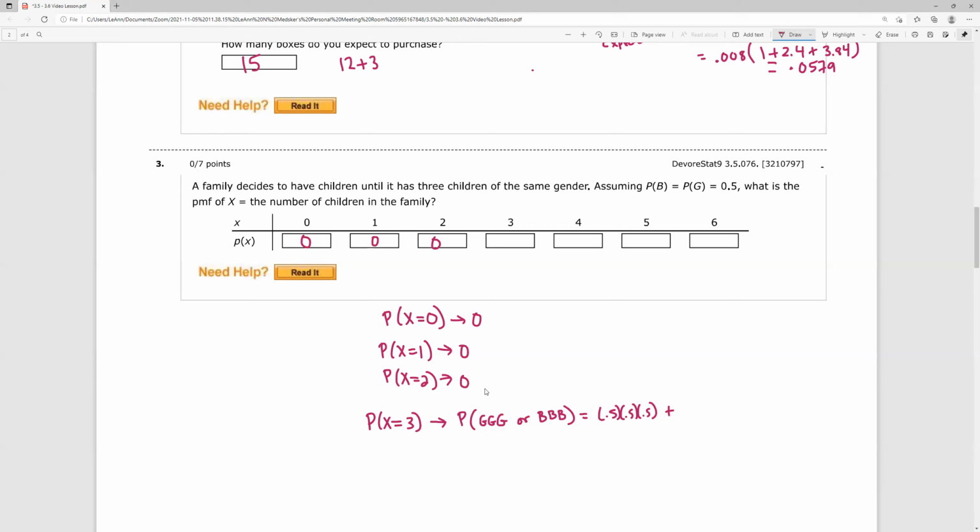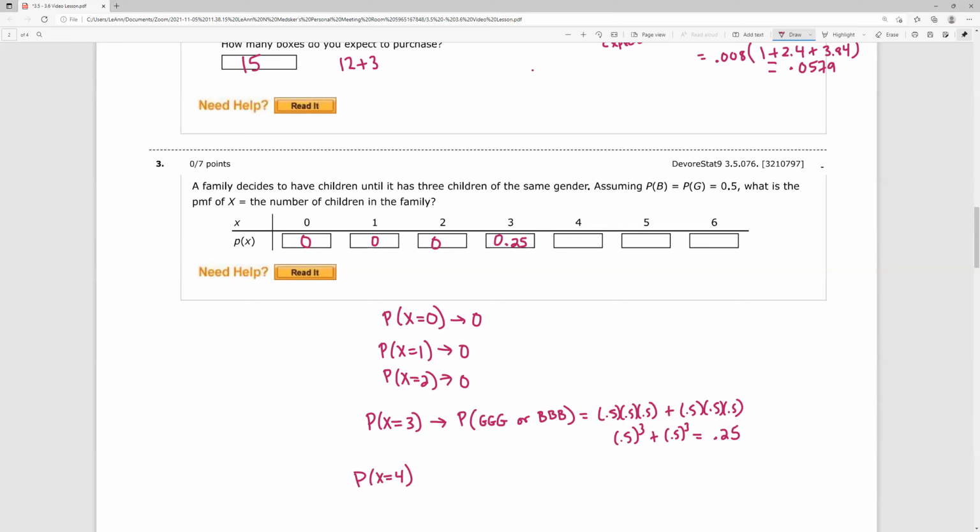That would be for all three girls, and then 0.5, 0.5, 0.5 for all three boys. So this is 0.5 to the third plus 0.5 to the third. Type that into your calculator and work it out. You're going to get 0.25 once you've added them together. So there's only a 25% chance, if they've had 3 children in a row, that they're all the same gender. Okay. Then we get to 4.